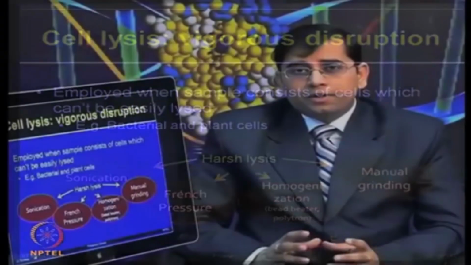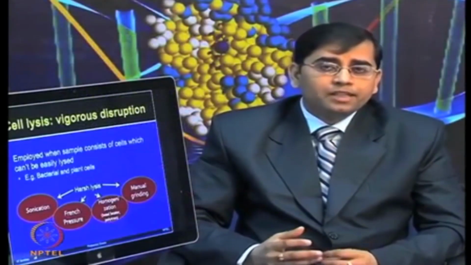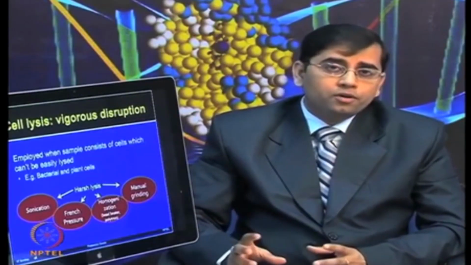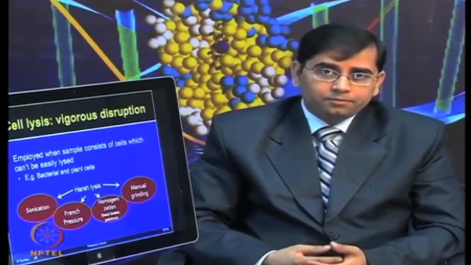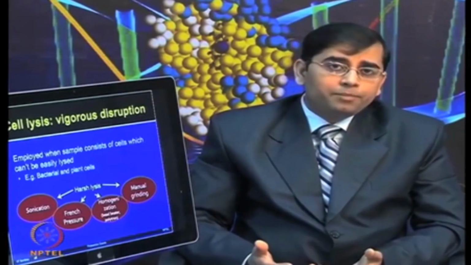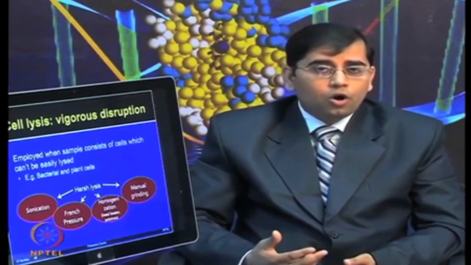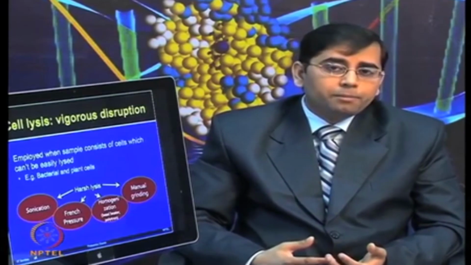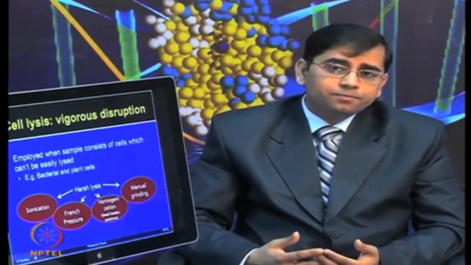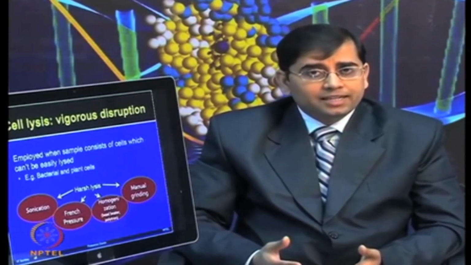We will talk about different cell lysis methods and some of the principles involved as we go along with more specific types of samples. But in all sample preparations, mostly people use manual grinding or homogenization by using bead beater or polytron homogenizers. So, these are very commonly used homogenization methods.